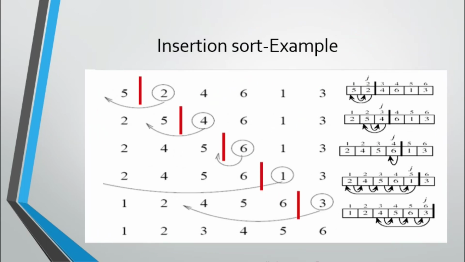So the next is the insertion sort. How do we do the insertion sort? So this is our number example, students. You can take it here: 5, 2, 4, 6, 1, 3. This is before sorting.